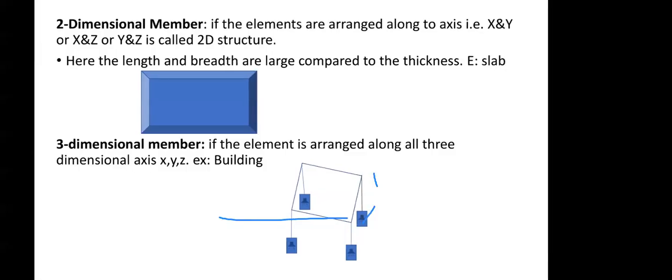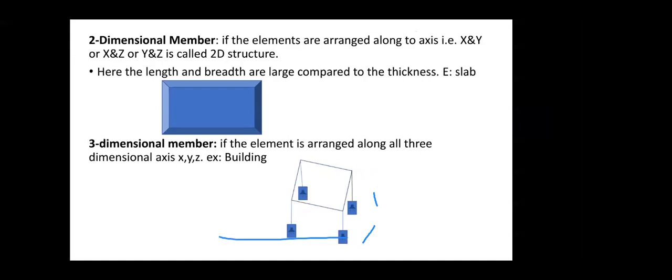Next comes the two-dimensional member. If the elements are arranged along two axes, that is x and y axis, or y and z axis, or x and z axis, it is called two-dimensional. For example, any plane can be considered a two-dimensional member. A segment which has two dimensions predominant compared to the third dimension will be called a two-dimensional member.